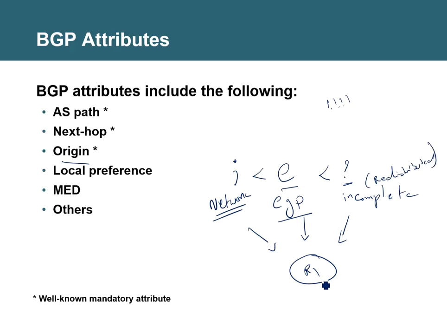Which one should the router prefer? It prefers I, the smaller one. I is preferred over E, and E is preferred over question mark. So that's why I should know the origin, so that I can take a decision.